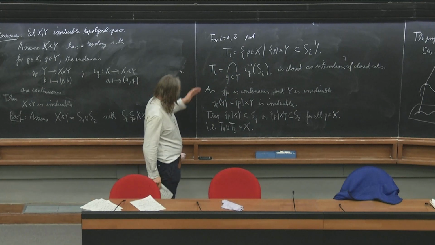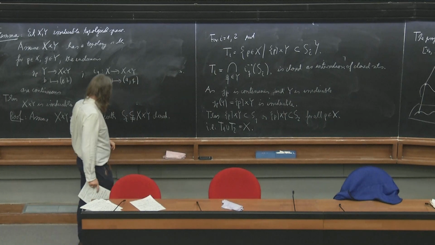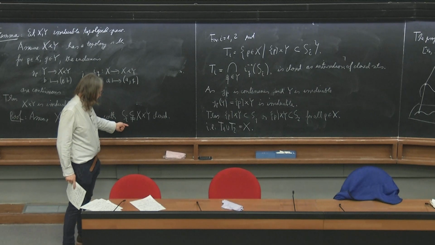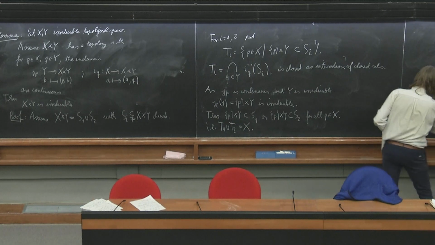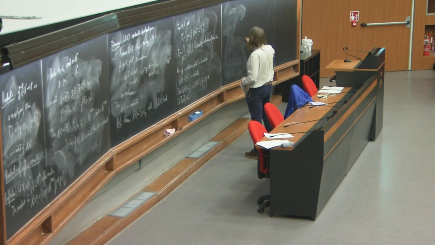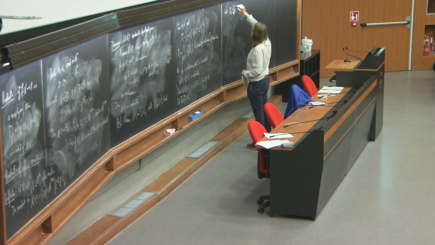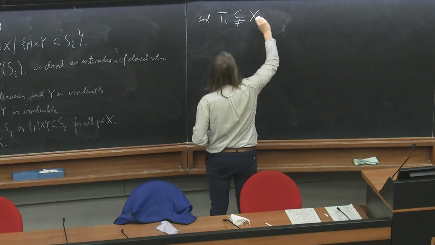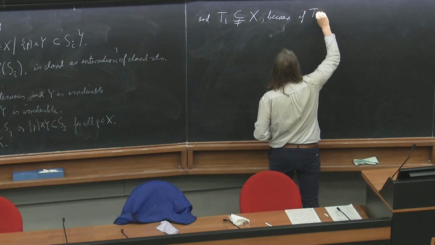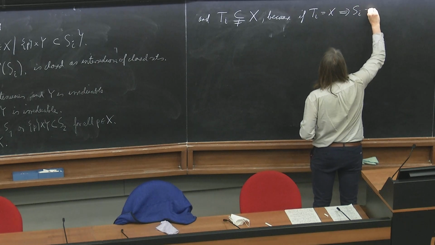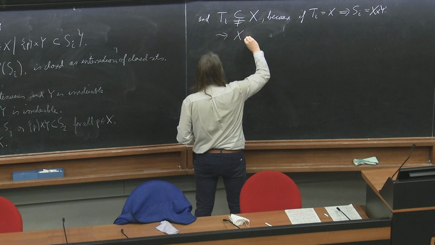So now we have written X as a union of two closed subsets, and obviously none of them is equal to X because none of the SI is equal to X times Y. And Ti is strictly contained in X because by definition of Ti, if Ti is equal to X, it follows that Si is equal to X times Y. And so it follows that X is reducible.